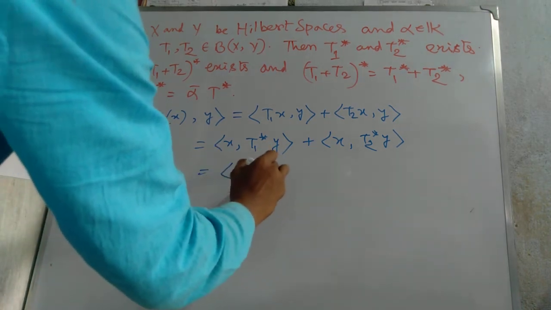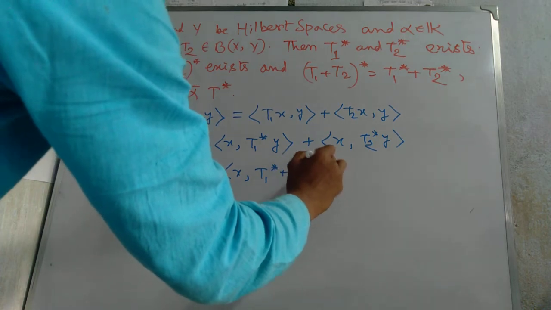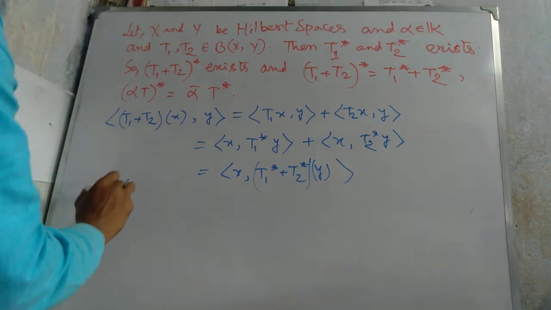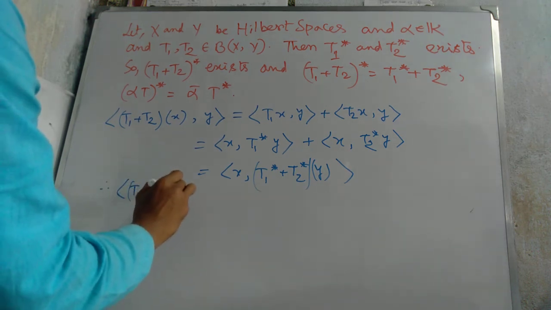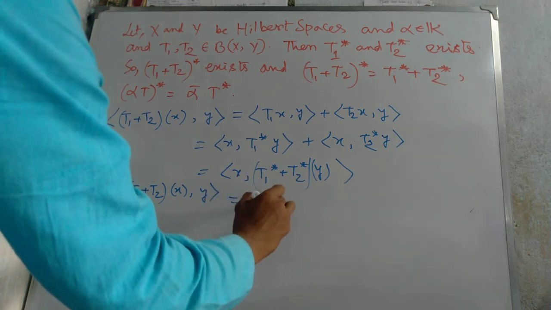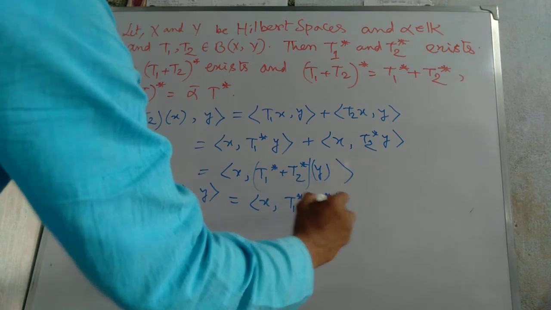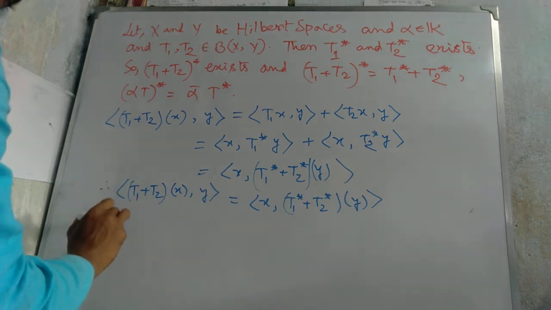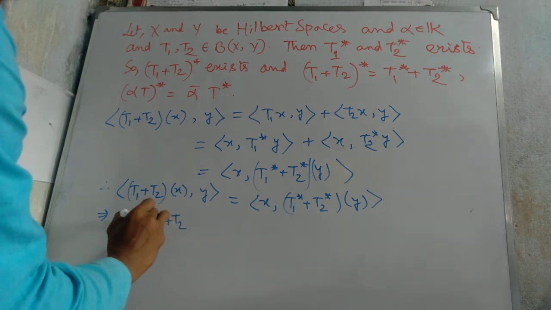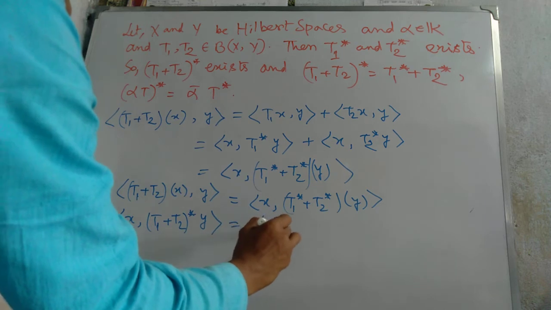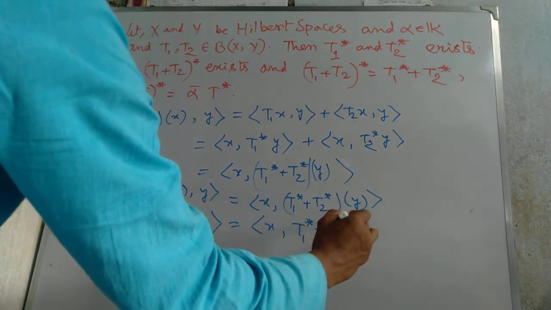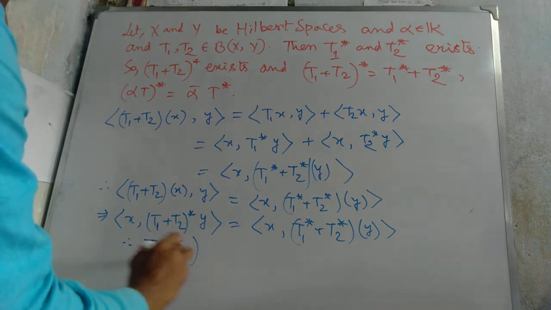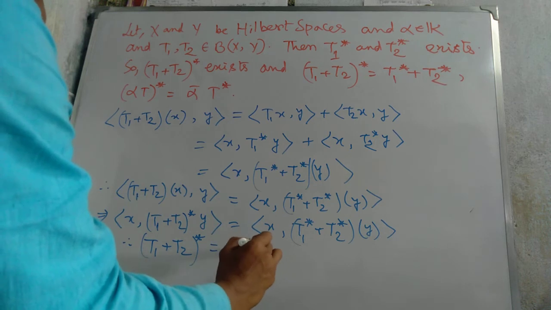This equals x with (T1 adjoint plus T2 adjoint) y. So we get (T1 plus T2) adjoint equal to T1 adjoint plus T2 adjoint.